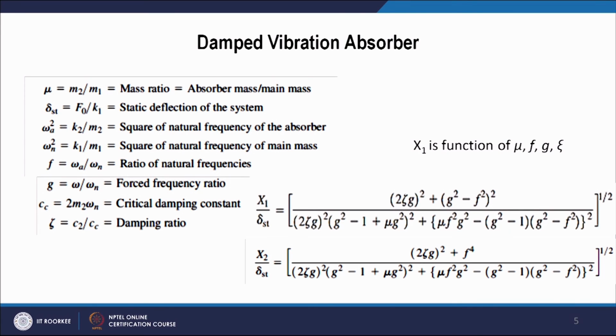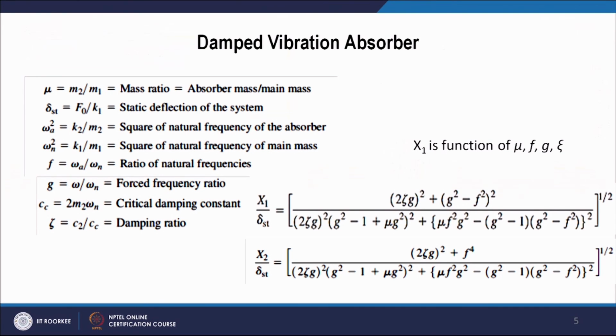Then static deflection delta st, that is f0 by k1, and omega a the absorber natural frequency, that is root k2 by m2, omega n is the main system's natural frequency, that is root k1 by m1, f is the ratio of natural frequency of absorber and the main system, g is the forced frequency by the main system frequency, cc is the critical damping constant 2 m2 omega n, and zeta is c2 by cc.